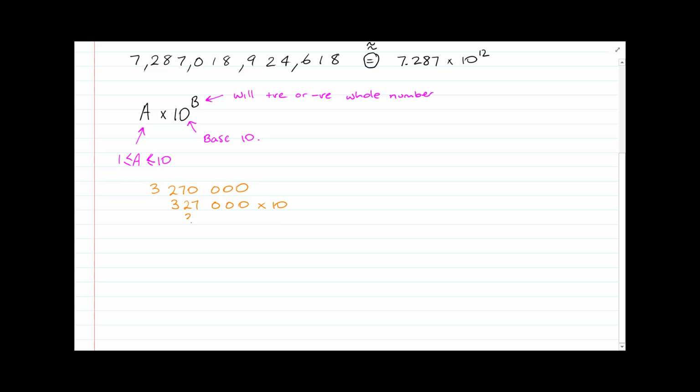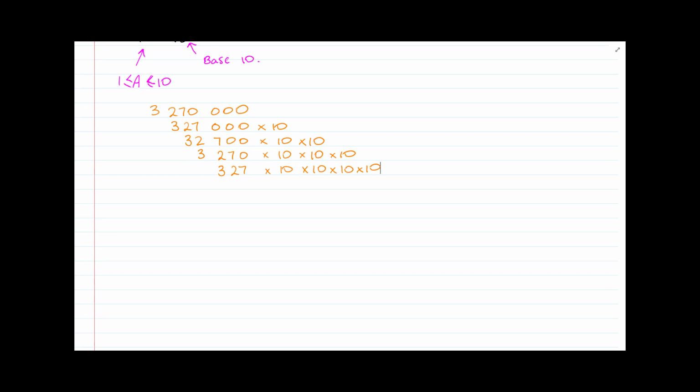And I can write this down as 32,700 times 10 times 10. So I've just taken another factor of 10 out. And I can write this down as 3,270 times 10 times 10 times 10. And I can write this down as 327 times 10 times 10 times 10 times 10. And you get the point with where I'm heading here.